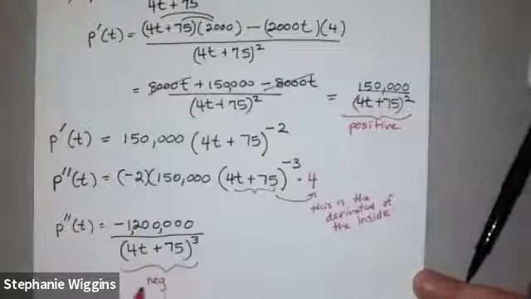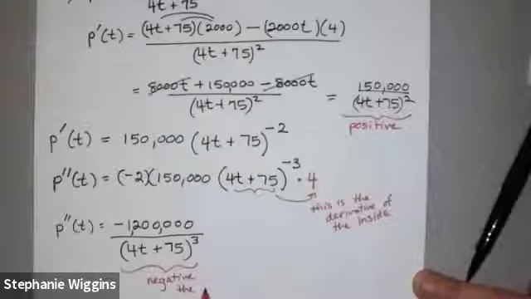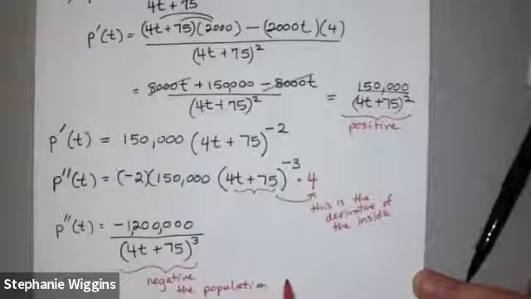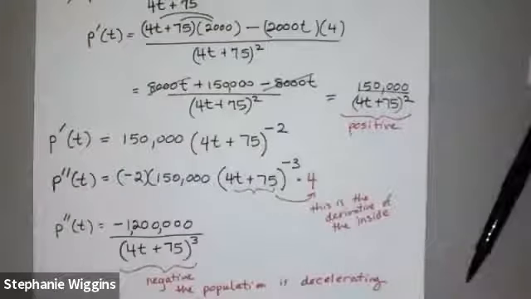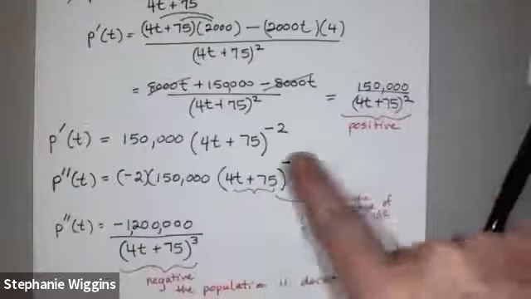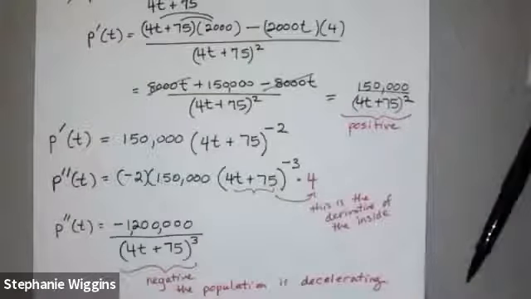So the population is decelerating. It doesn't mean that the population is decreasing. We know the population is increasing because the first derivative is positive, but the rate at which it's increasing is going down. It's getting less and less.